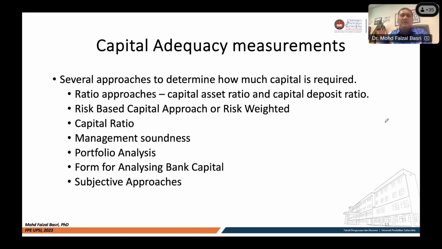There are several approaches to determine how much capital is required. Some of them are ratios, and one of them is what we just looked at. On top of that, there are a lot of other methods that we can use to determine how much capital is required.